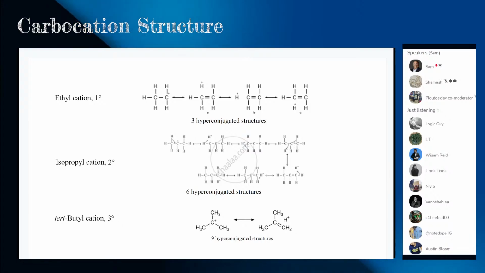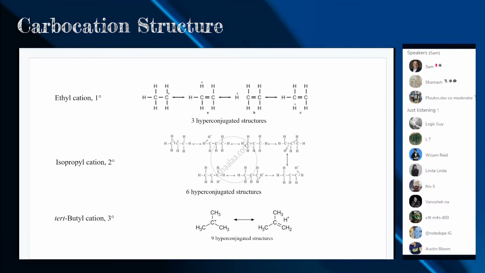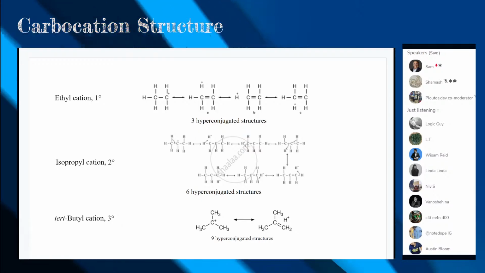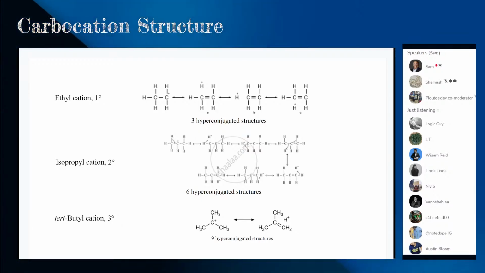In isopropyl, I have two methyl groups, so that's six. And in t-butyl, which is tertiary, I have three methyl groups, so I can draw 9 hyperconjugated structures. Meaning that in a t-butyl cation, my positive charge is dispersed over 10 atoms. In isopropyl, only 7. And in ethyl, only 4.